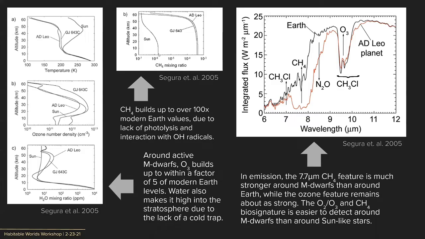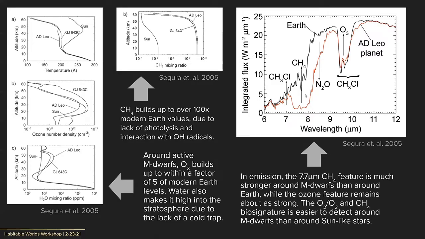And we see that in this thermal emission plot here, where the AD Leo planet's spectrum has a much, much stronger methane feature, while the ozone feature is a little weaker, but it's basically just as strong and just as detectable.